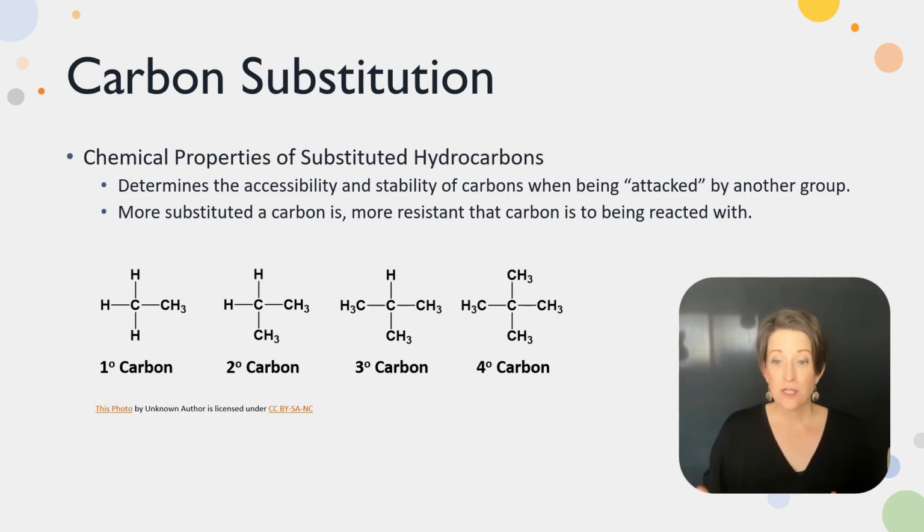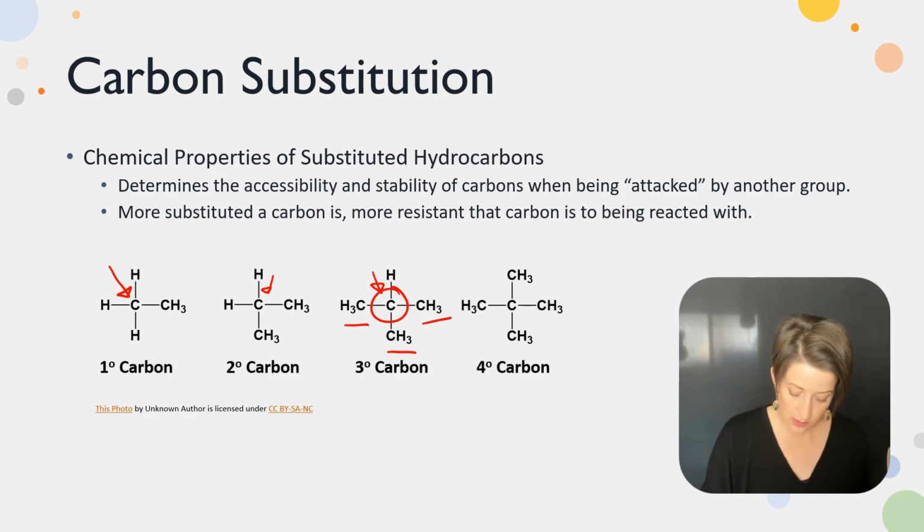It is more efficient and easier for primary carbons to be reacted with because they're already exposed and have the ability to break and form bonds more readily. They're less protected. Whereas a secondary carbon, it becomes a little bit more crowded, and then a tertiary, this carbon is protected by these three groups.